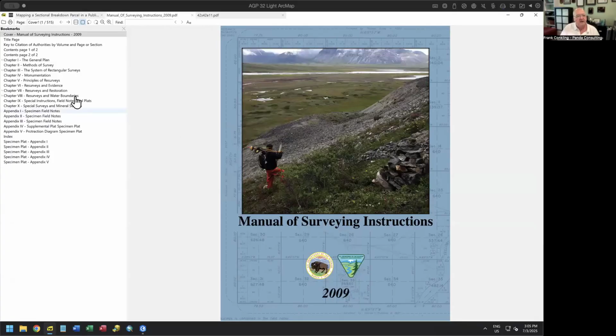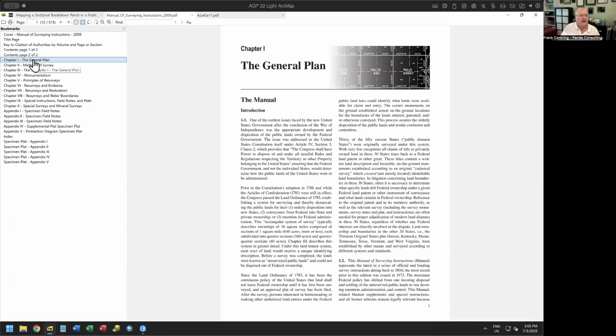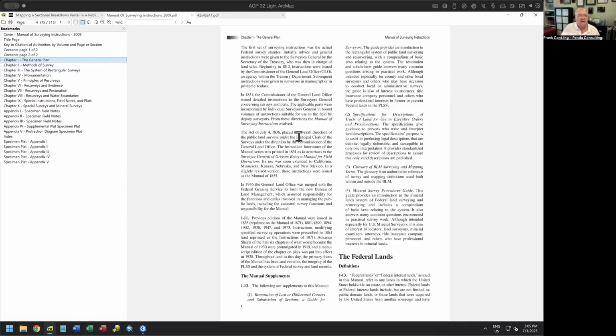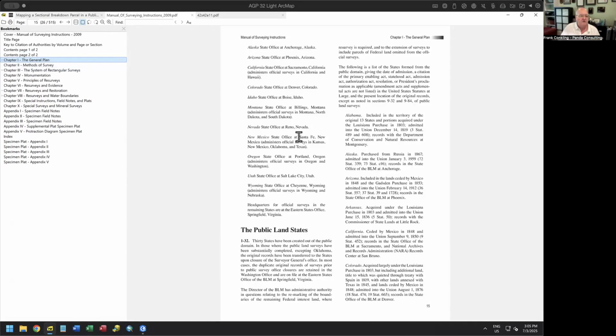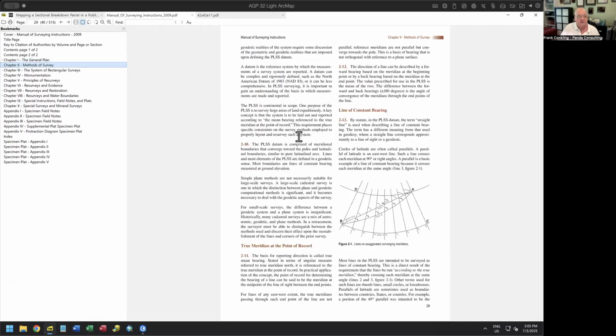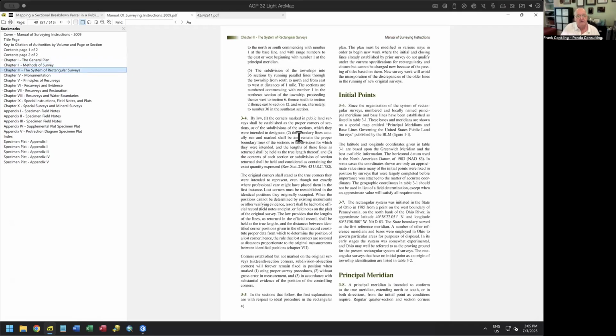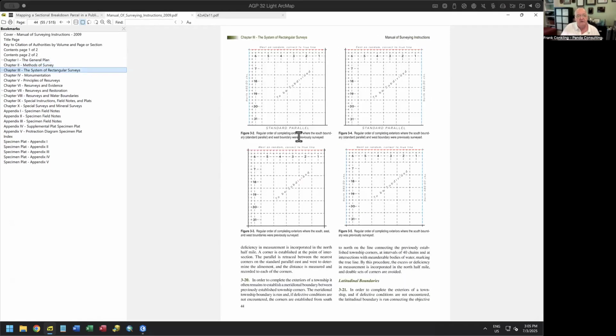This is what it looks like, and it tells you everything as far as how this works, the general plan. It goes over more than you ever really want to know, including the methods of surveying, how it was generated, the initial points where they're located.